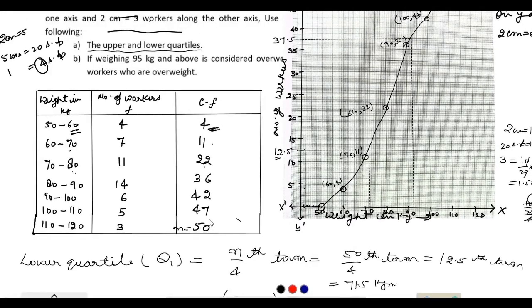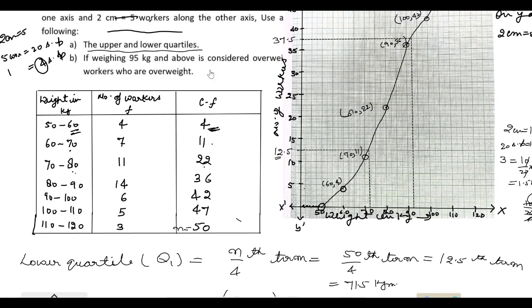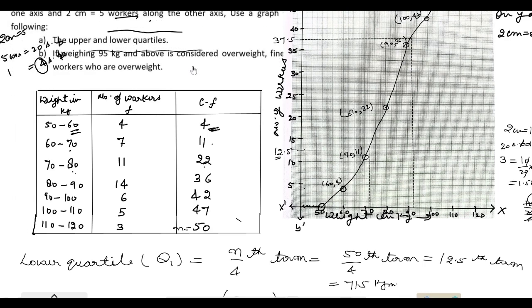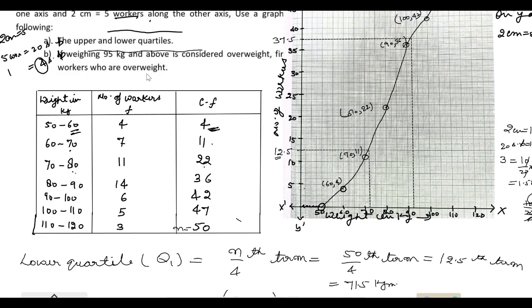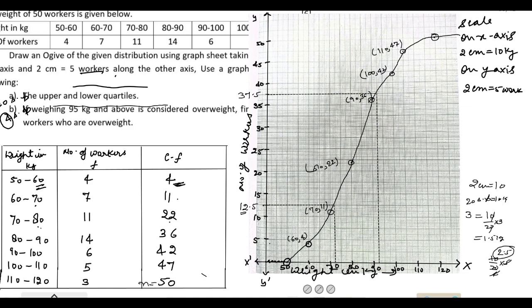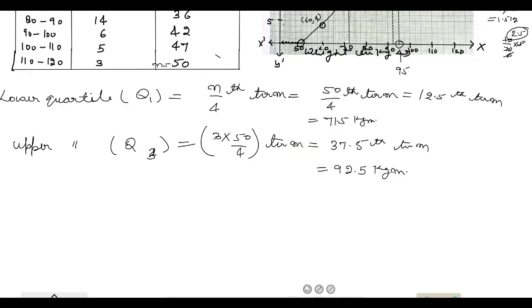Then we have to calculate if weighing 95 kg and above is considered overweight, find the number of workers who are overweight. We have to take 95 and more than 95. This is the point 95. (39) workers have weight less than 95, and we have to calculate number of workers having weight more than 95.